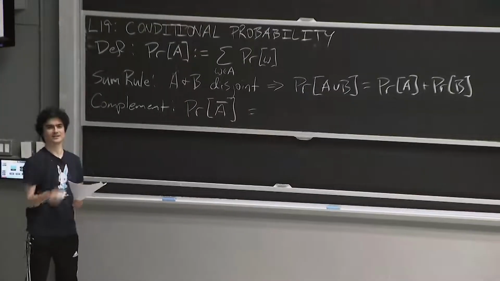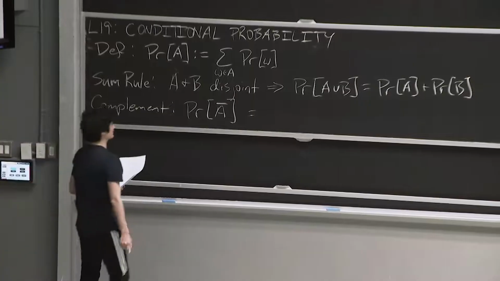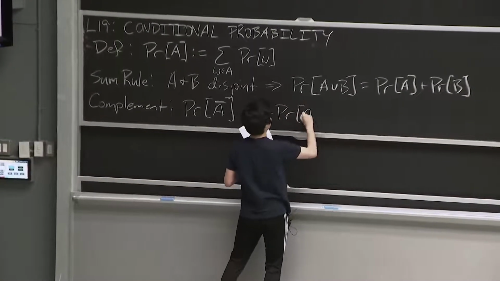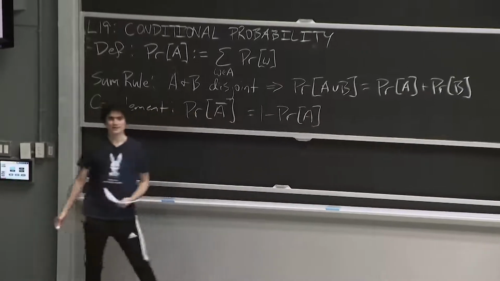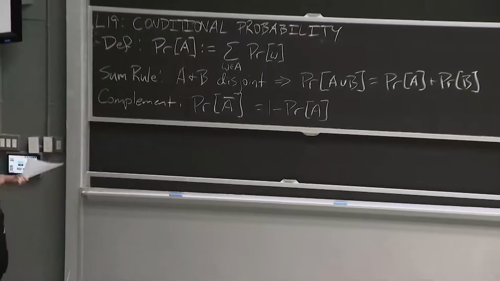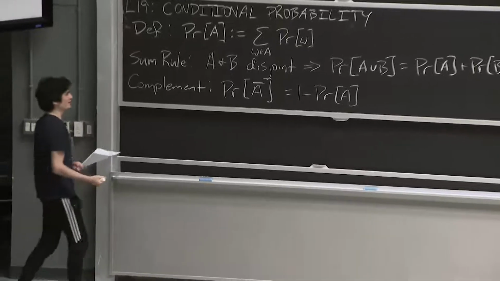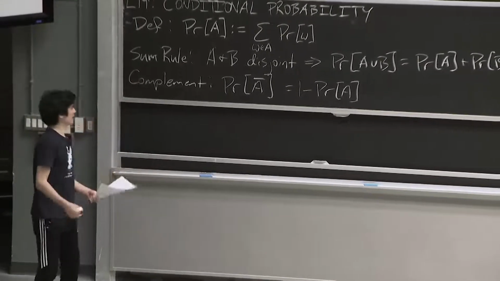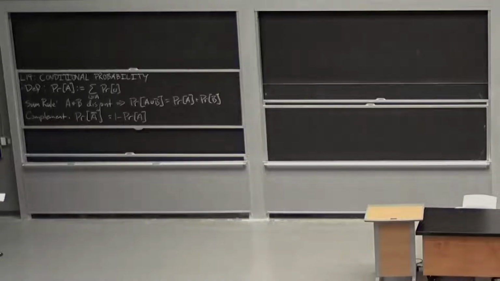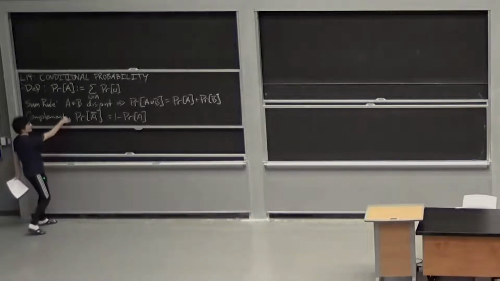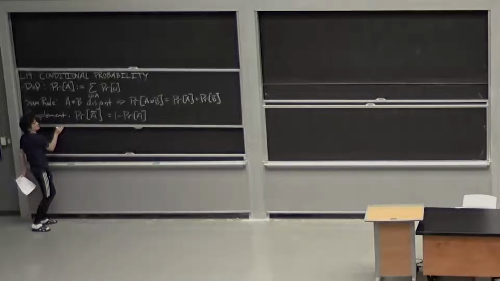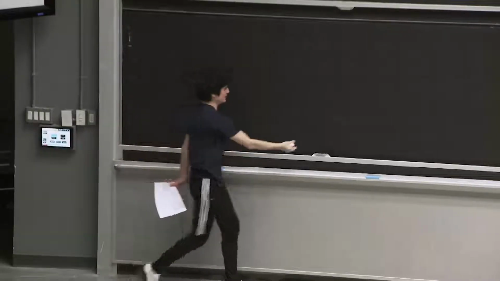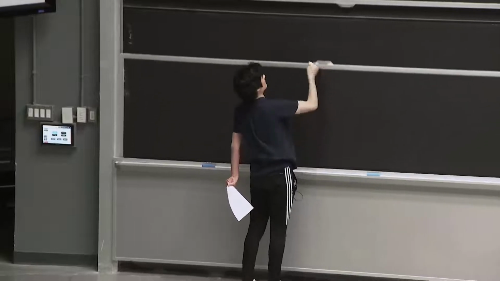Anybody? Yeah, 1 minus the probability of A. Okay. Right? Because A and not A are disjoint, and one of them must happen. So, with certainty, one of A or not A happens, so the probability of their union is 1. So this kind of just follows from the sum rule. Okay?